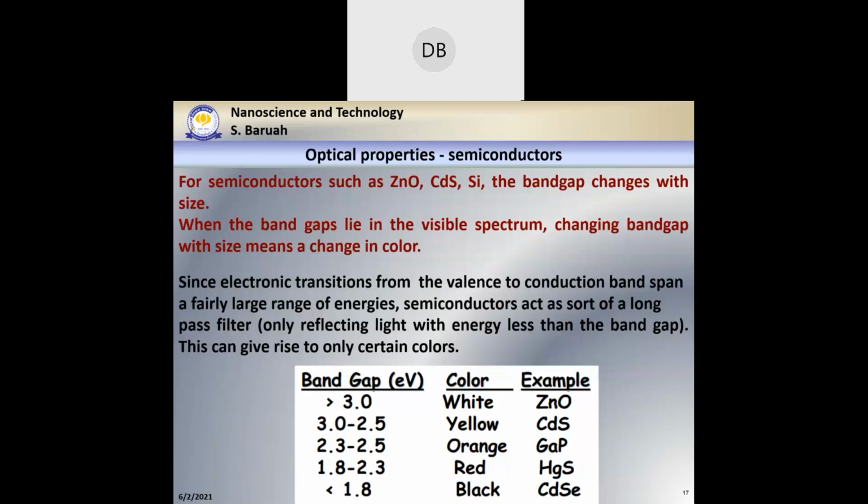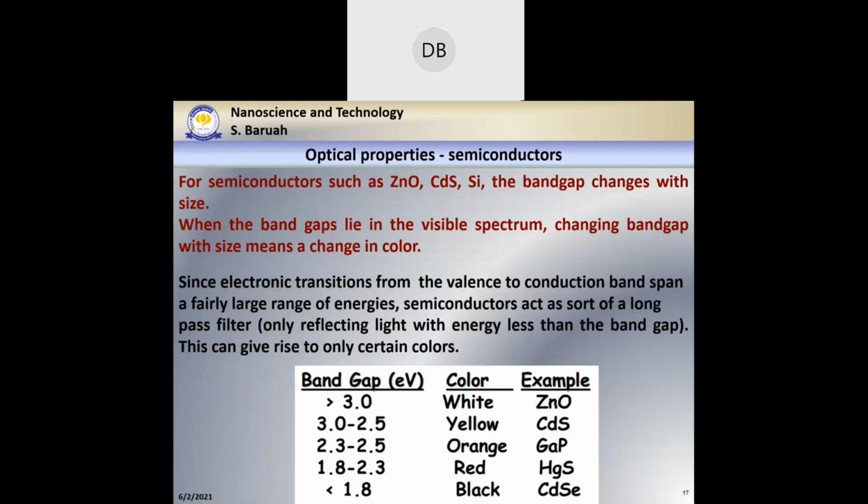Silicon, you know, is a semiconductor which is used by the electronic IC industry, right? The band gap changes with size. Okay, when the band gap lies in the visible spectrum, changing band gap with size means a change in color. That means if the band gap, whatever energy is there, falls within the visible spectrum, that means the energy of the photons that we can see, all right, violet to red, that VGR, right?